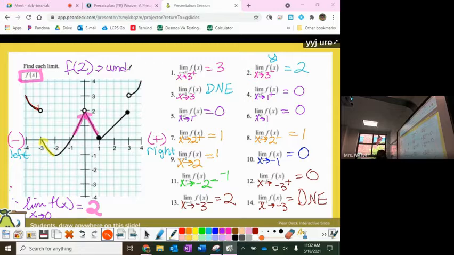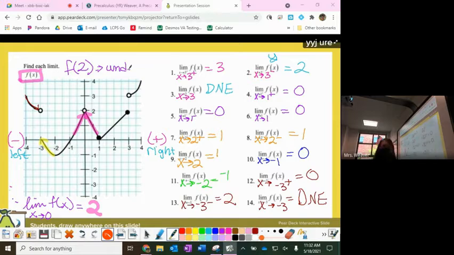Even though f of 2, the function evaluated at 2, is undefined, that doesn't matter. We're not talking about what the value actually is, we're talking about the limit, which is what it's approaching. And it's approaching 2 as you get closer and closer to it from either side. So it's not whether the function actually exists at that number, it's what it's approaching. Okay? Questions about that? All right.